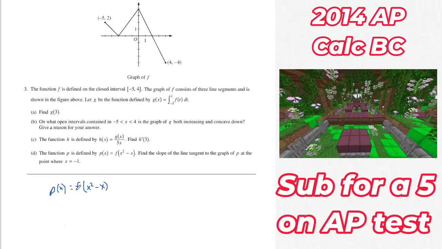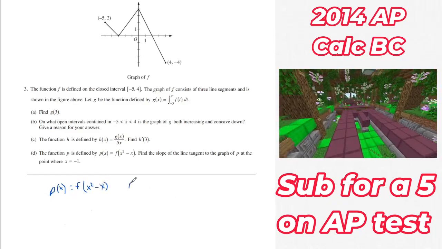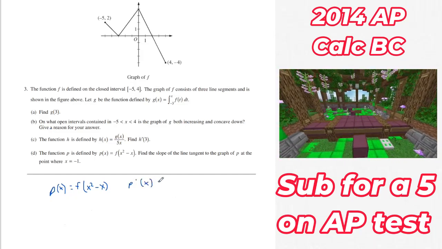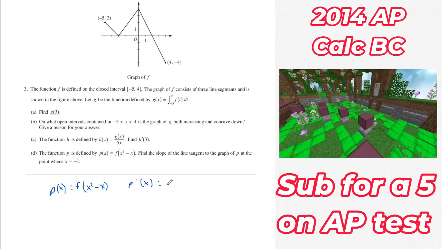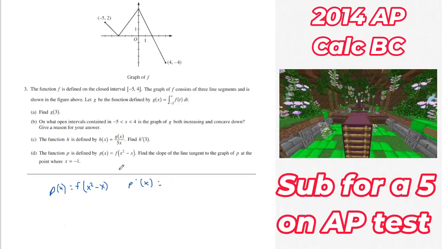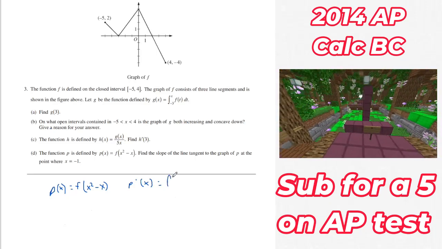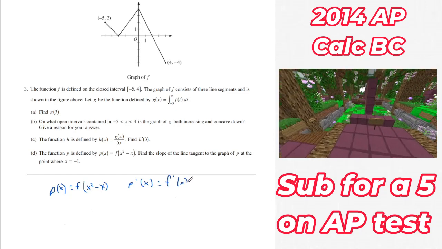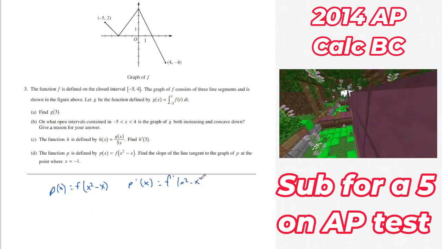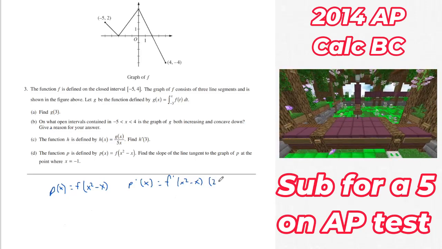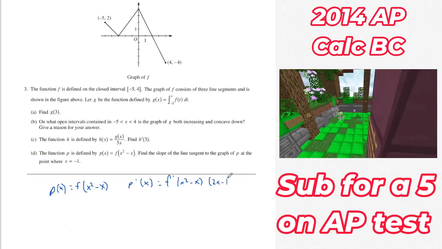And from there, we can find p prime of x. So p prime of x, this is just some chain rule here, is going to be equal to f prime of x squared minus x times the derivative of this inner bit, so 2x minus 1.